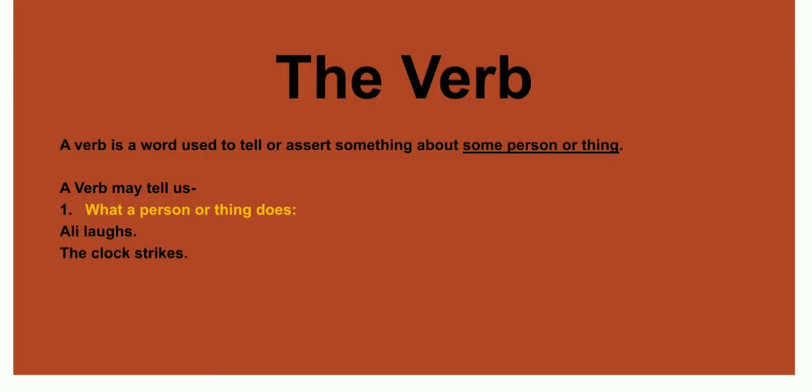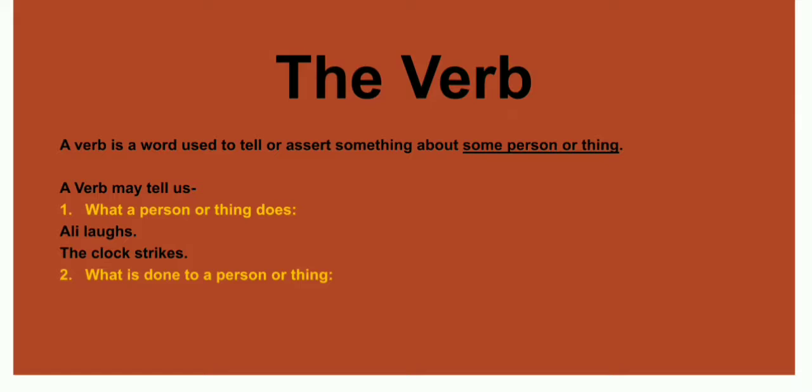Here we have examples like Ali laughs. The second example is the clock strikes. Secondly, the verb may tell us what is done to a person or thing. It tells the use of the passive voice, when the subject of the verb is acted upon.